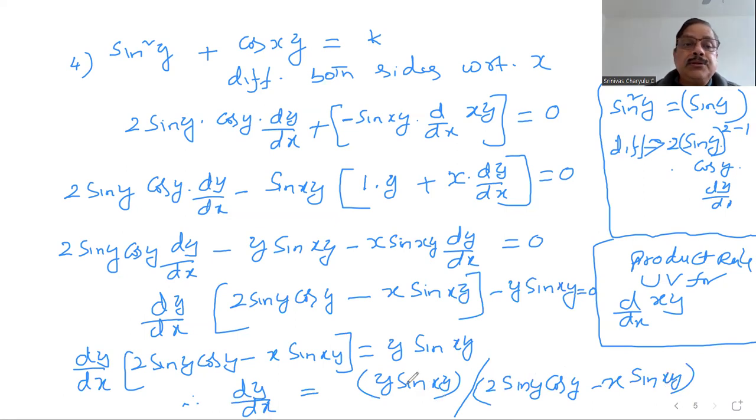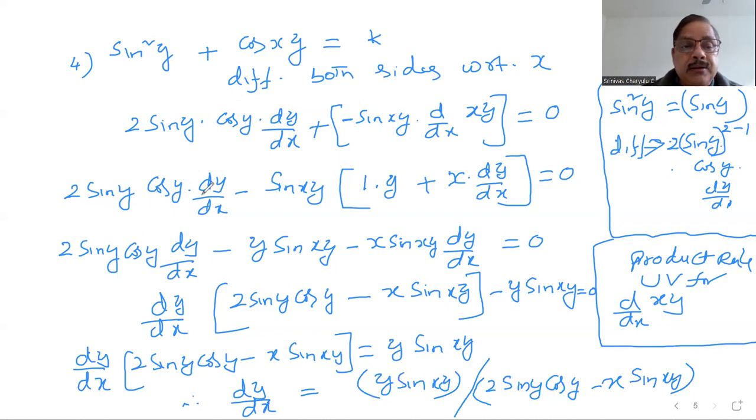Okay, so again, let us check whether we have done this sum correctly. Sin square y plus cos xy is equal to k. Differentiating both sides with respect to x: sin square y differentiation is 2 sin y into cos y into dy by dx, plus cos xy differentiation is minus sin xy into d by dx of xy, is equal to 0.